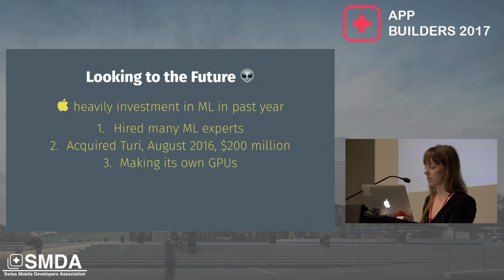They acquired this in August 2016 for $200 million, and the co-founder is a professor of machine learning at the University of Washington, so very well respected. And they're also making their own GPUs, which we found out as of, I think, 2 weeks ago or so. Sometime in the last month we found that out. So these are all signals that they're probably moving in the direction of heavily investing in ML.